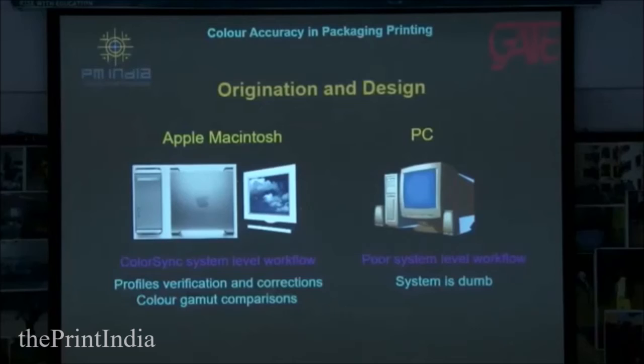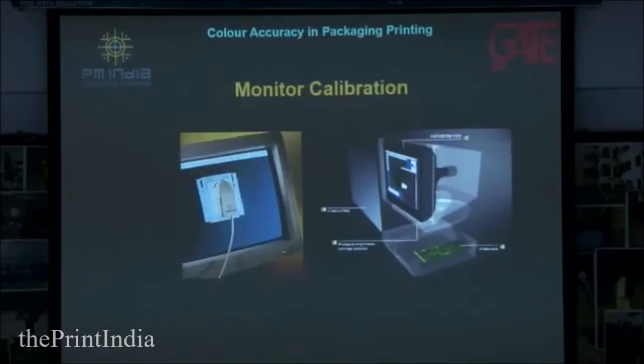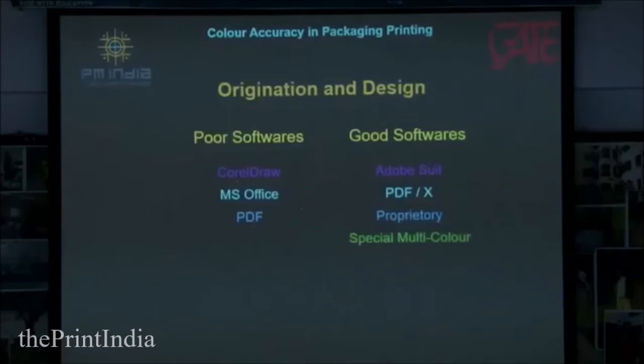So Apple Macintosh and PC, this is the difference. ColorSync system level workflow, profile verification and correction, color gamut comparison, all possible on Mac. Poor system level workflow on PC, the system is dumb. Monitor calibration we talked about. Origination and design, poor software: CorelDraw, MS Office, PDF.